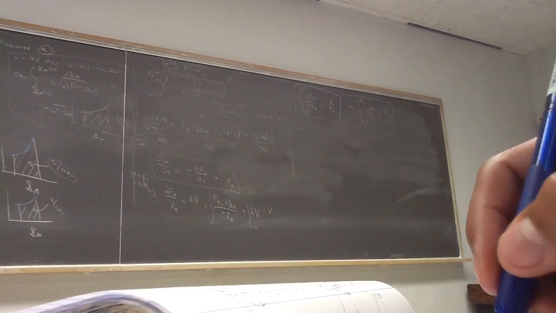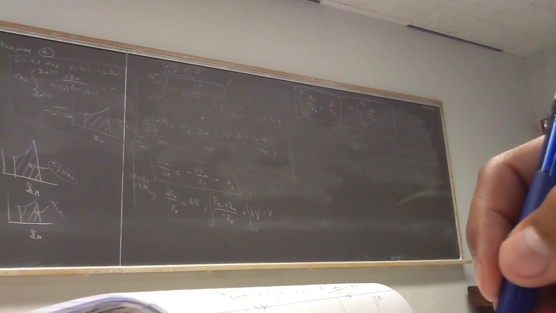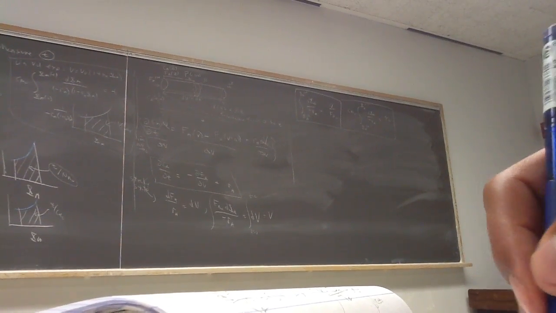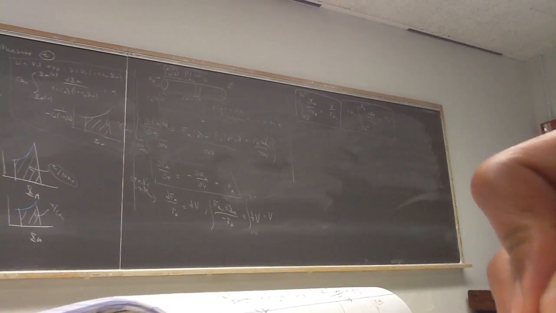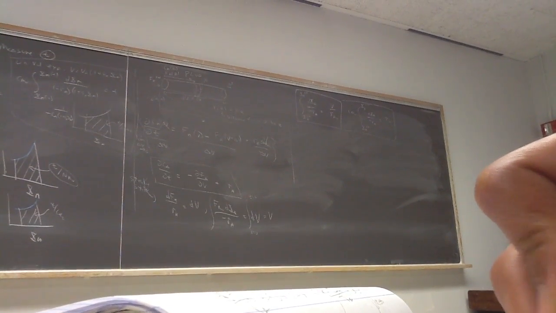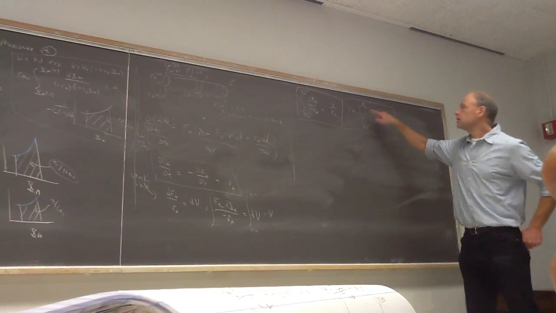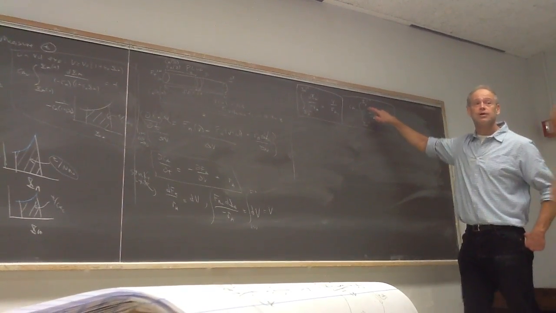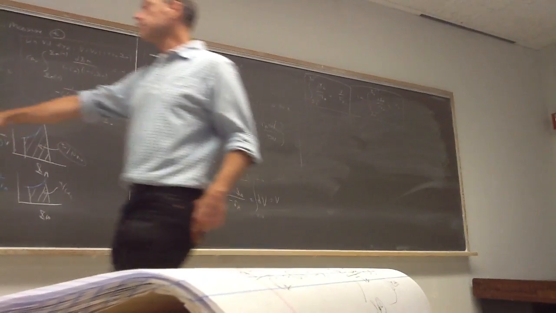Is that clear? For a CSTR, I had tau was CA0 times (X out minus X in) over minus RA, the area of this rectangle. Here, tau is CA0 times the area under the curve. It's the same figure.